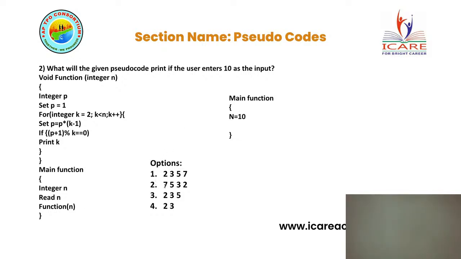Within the main function we are calling the function named function, and within the parameters we are passing n as an argument. So whenever we have called the function, it is called with the function name, and it takes some variable integer n.